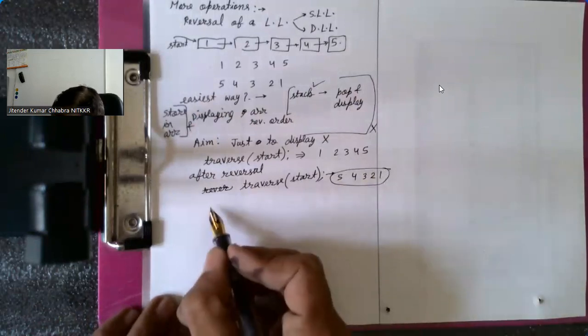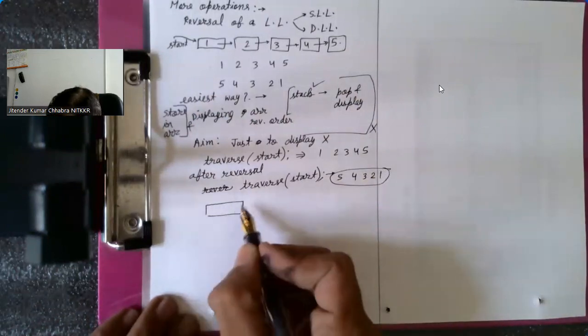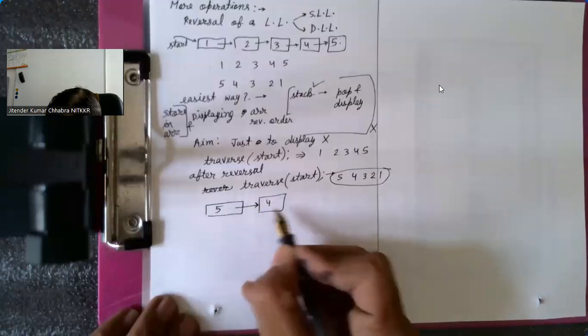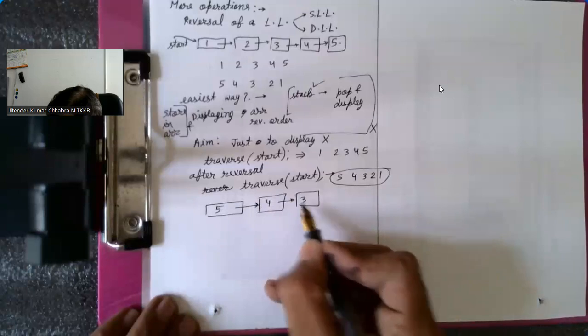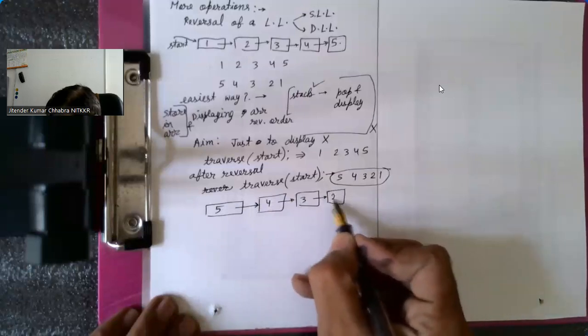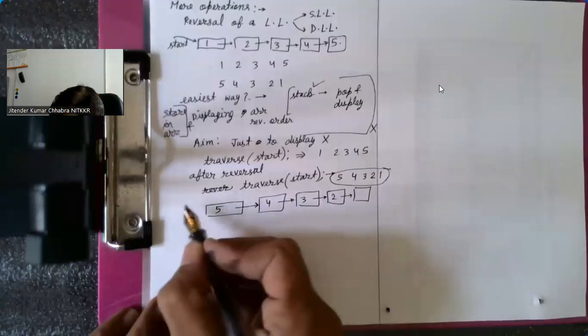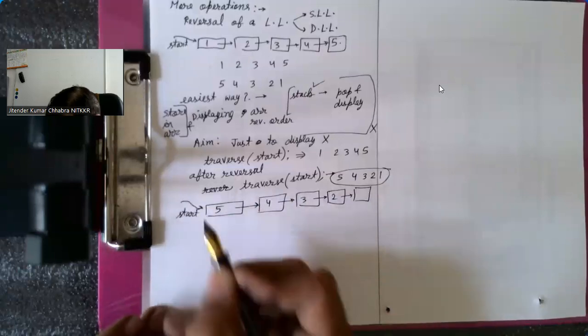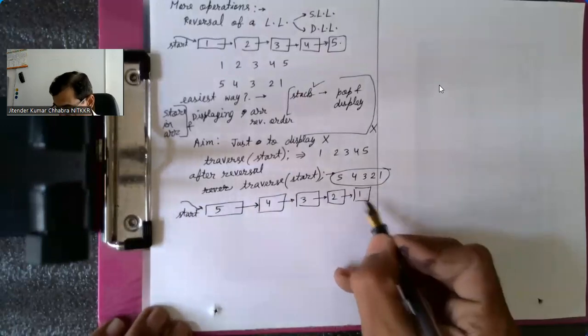That effectively means my list should get reversed physically. It effectively means I should have my list stored like this only, not anything else. So this should become the list.